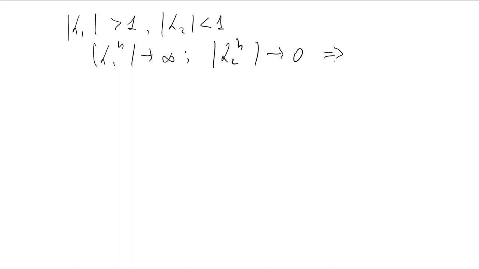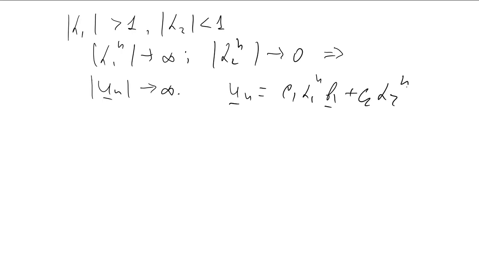And generally, un by absolute value tends to infinity because un is c1 lambda 1 to the power of n b1 plus c2 lambda 2 to the power of n b2.